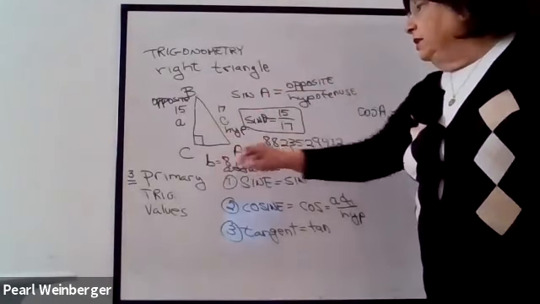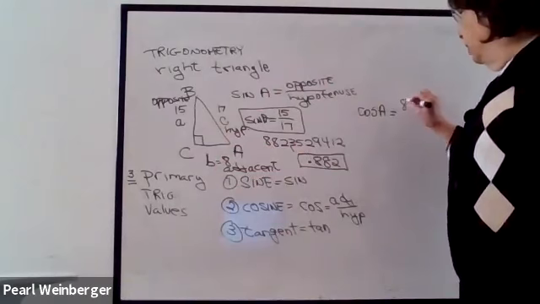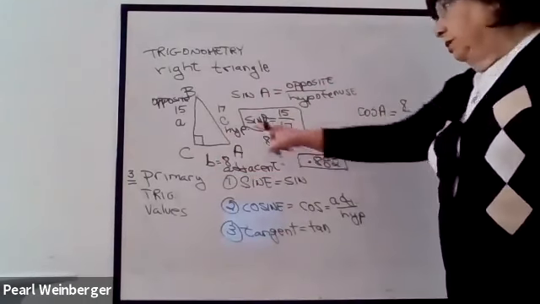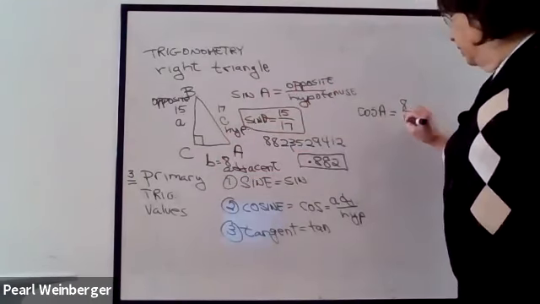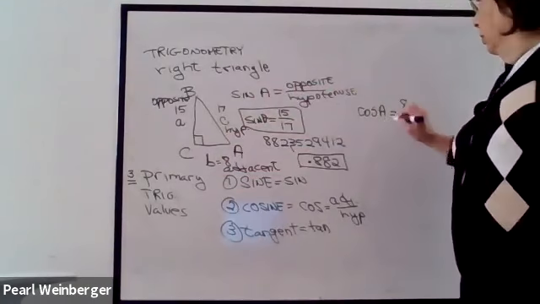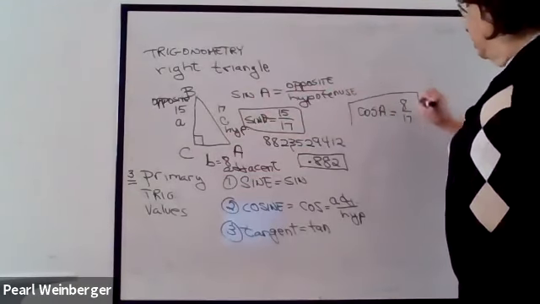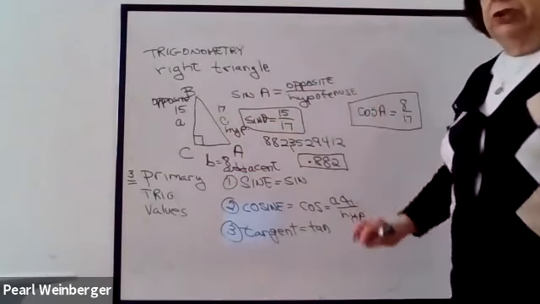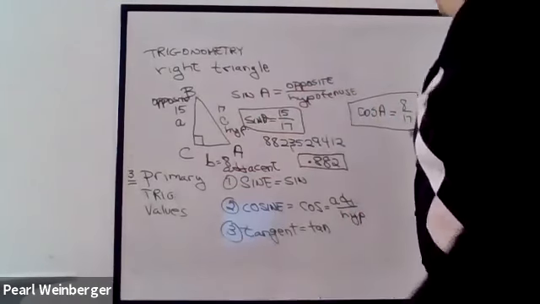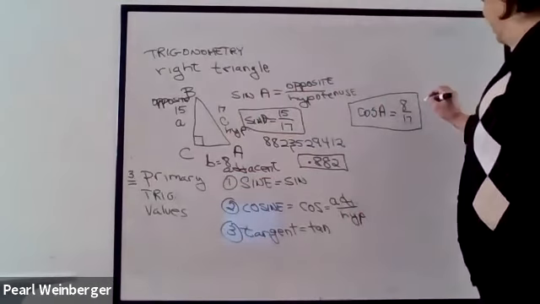We know my adjacent side is 8, and my hypotenuse always stays the same, is 17. In other words, the cosine in fraction form is 8 divided by 17.